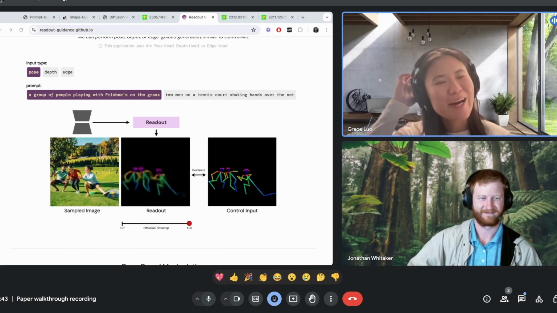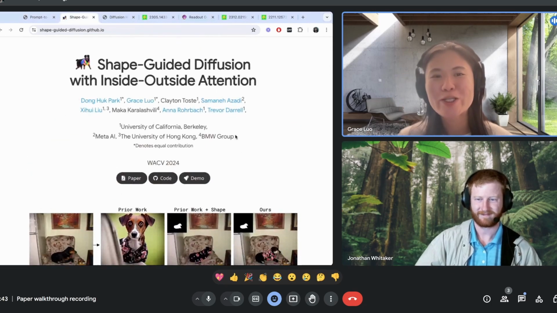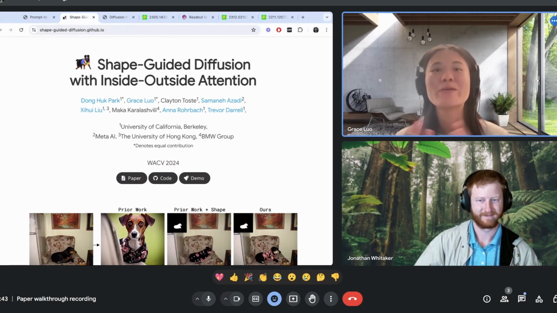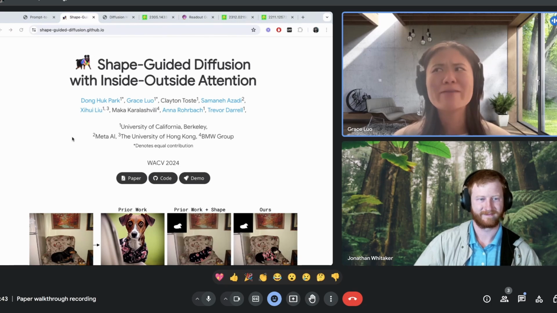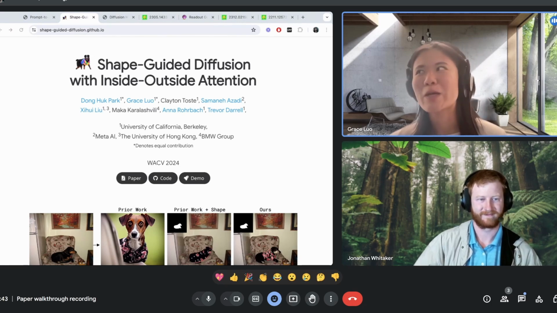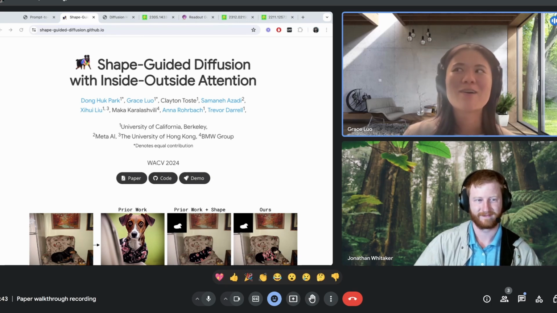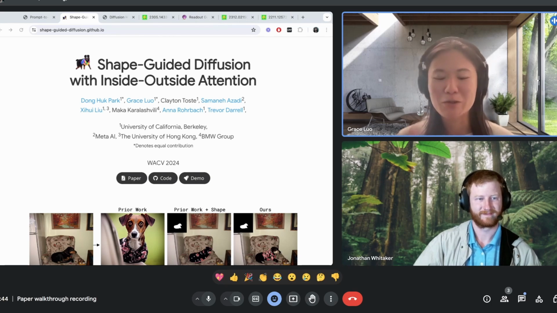Also, one fun fact is that when we were doing this shape guided diffusion project, we had in the back of our heads an alternative idea, which we never got to work. We have these really great pose estimation models, for example ViTPose. Can we use guidance to produce images of some pose that we want? And like you said, I could never get it to work because you have to go through the VAE.